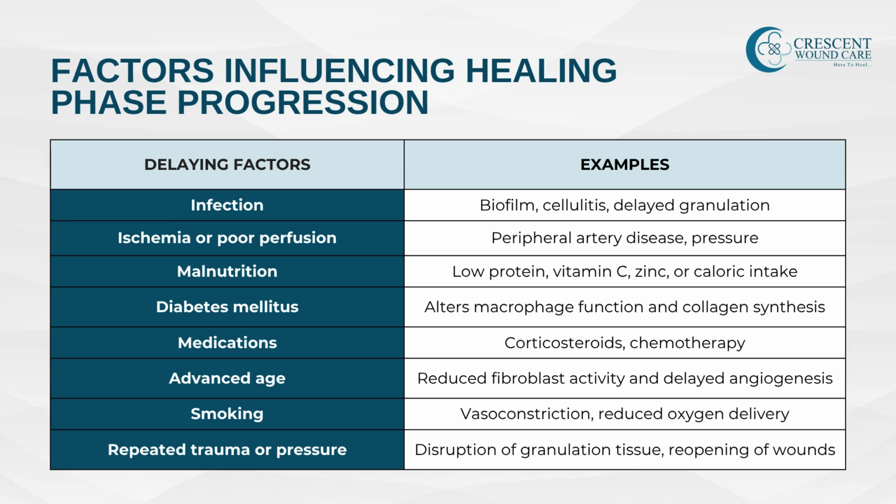Smoking causes vasoconstriction and reduces oxygen delivery, directly impacting wound oxygenation. Repeated trauma or pressure can break down granulation tissue and reopen wounds, resetting the healing process. As nurses, we must be aware of these barriers, anticipate their impact, and plan interventions accordingly.